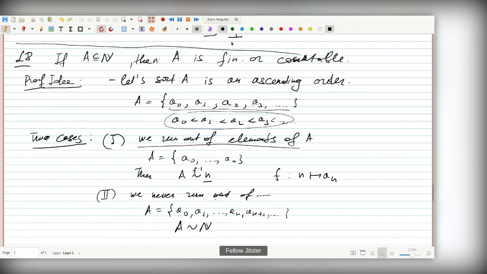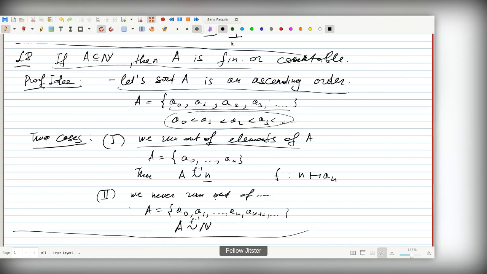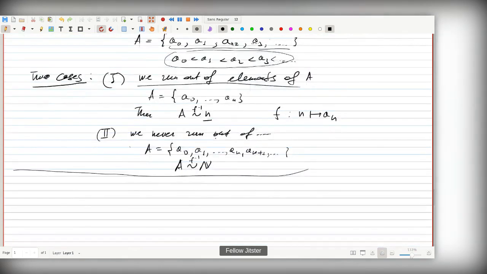And here we have the converse of it as our bijection. That's it. But of course, a rigorous definition of this sorting requires some effort. So it is not just a proof, but a proof sketch. So we see that every subset of naturals is either finite or countable.